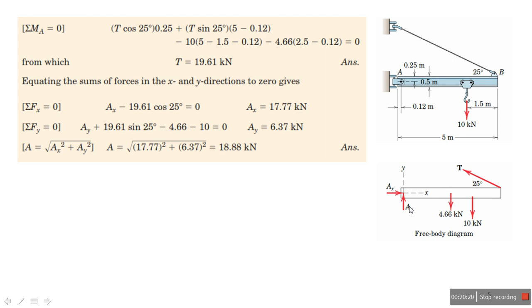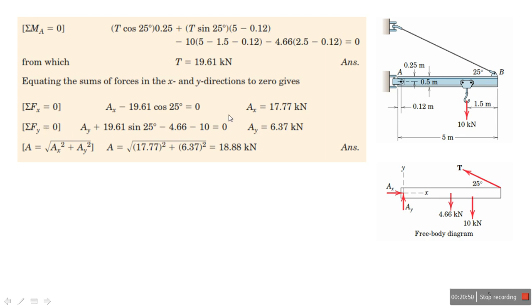Now I need to find Ay. Summation of all forces in the y direction equal to 0. I have this force, and the component of T in the y direction. So Ay plus the tension, 19.61 multiplied by sine 25, is upward, minus the weight downward, minus this force downward. So I can get Ay.